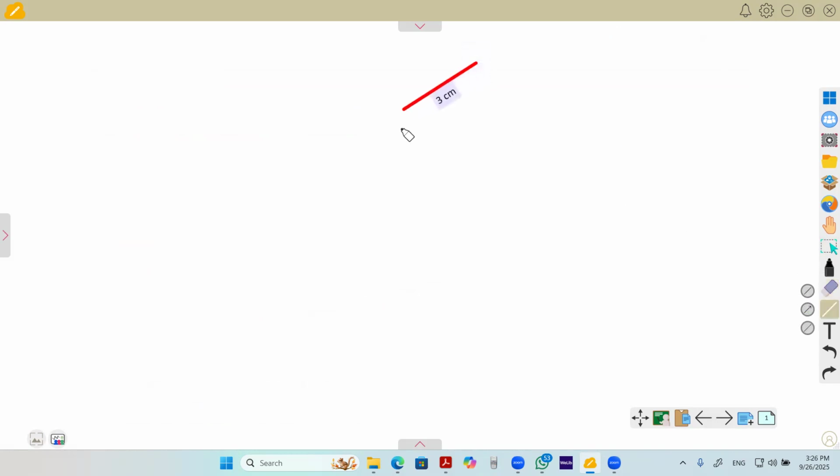Look, if I imagine that the quadrilateral is a big family, okay? This is the grandfather of the family. This is called what? Quadrilateral.